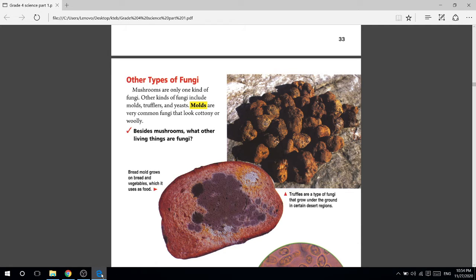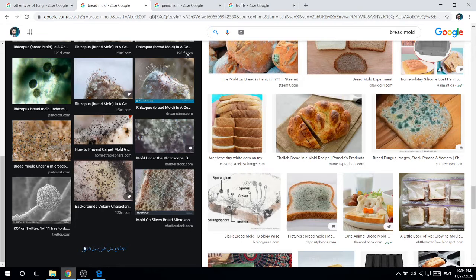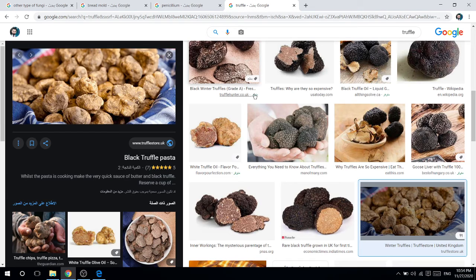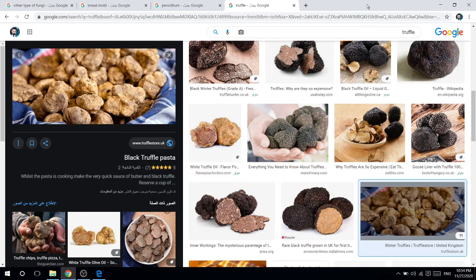Okay, in the desert, that one is called truffles, a kind of fungi that grows under the ground in the desert region. In the region there is no water.